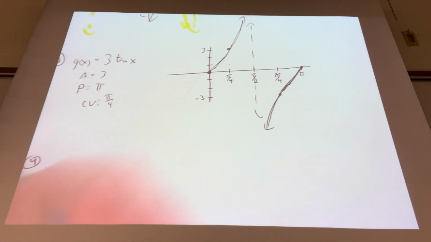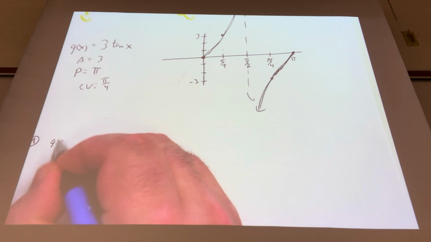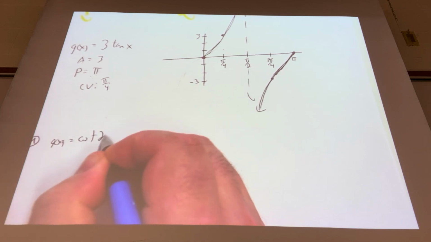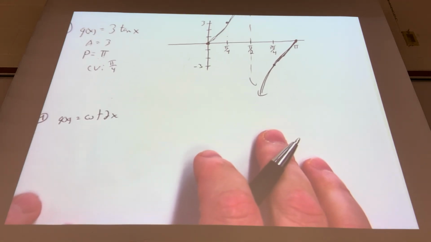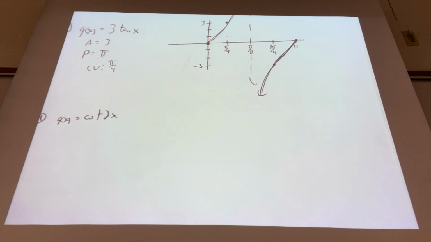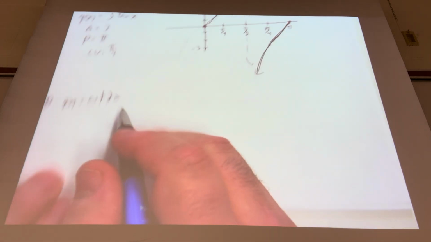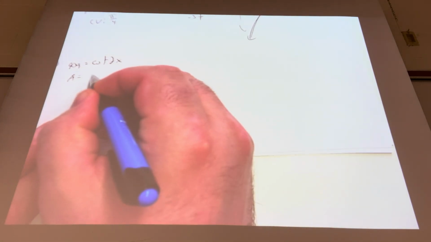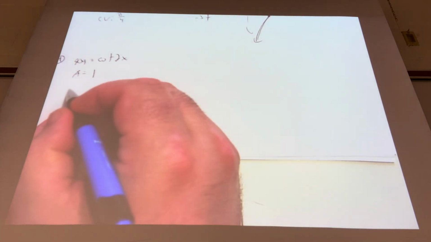Number 4. 4 says g of x equals cotangent of 2x. So amplitude equals 1. Period equals pi halves.